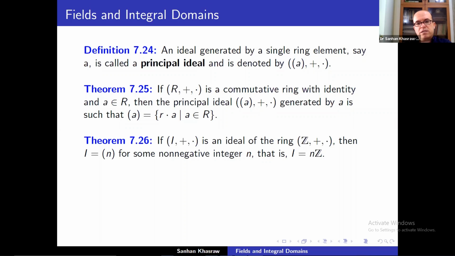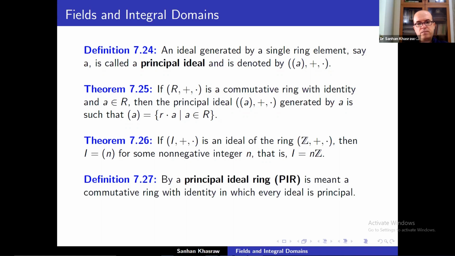So let's look at ideals in Z. All ideals in Z are of the form n times Z. It means all ideals in Z are principal. One can prove this by using the division algorithm. The proof is not so difficult. So what happens in a ring in which every ideal is principal?